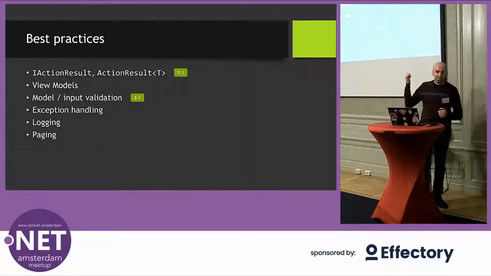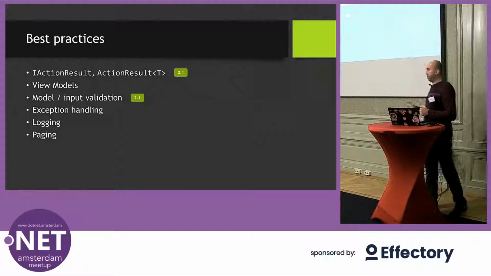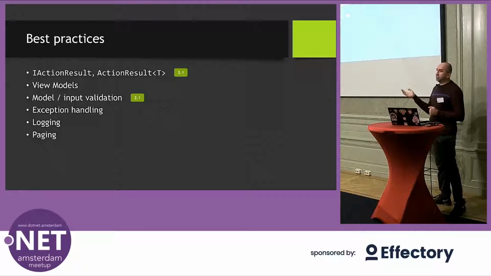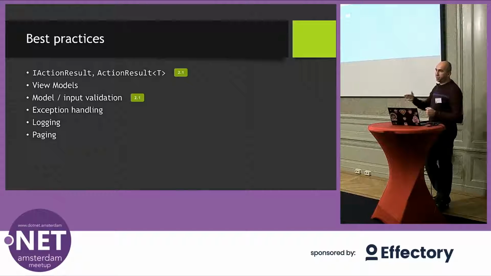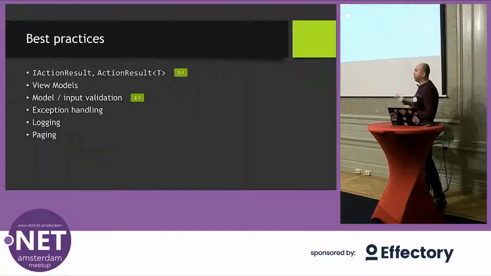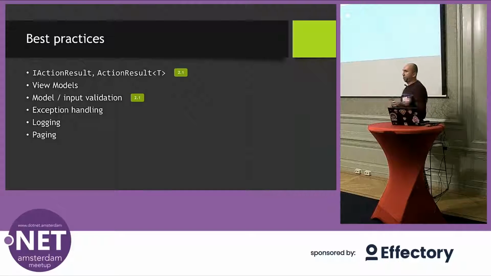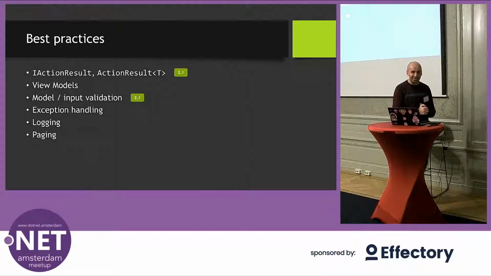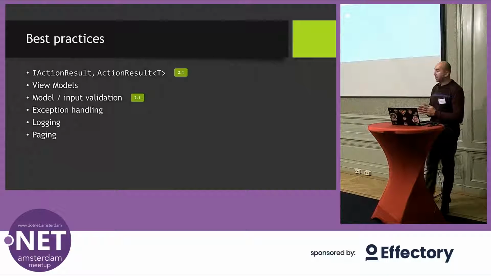But you'll probably want to use IActionResult or ActionResult of T, because with that you can return not just that object as a response or some data, but you can also return bad request, not found, and other HTTP status codes, which are helpful in building APIs.